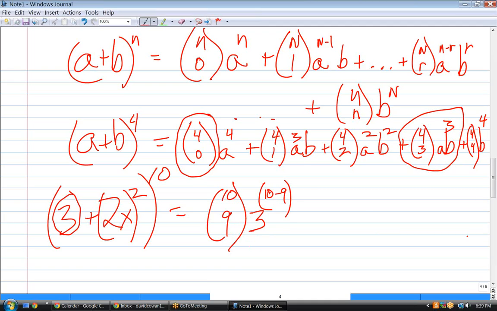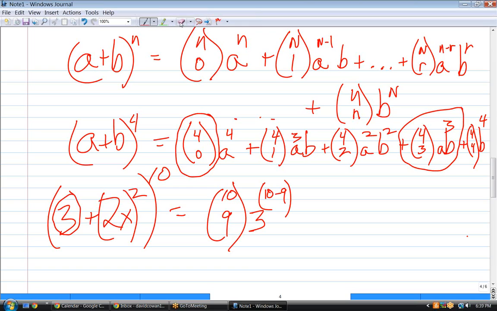So it's 3 to the 10 minus 9 times, you sure there's 2x's in parentheses like this? Well, yeah. Okay, so that's 4x squared. So I'm going to stick in 4x squared for my b term. Let's see. No, never mind.